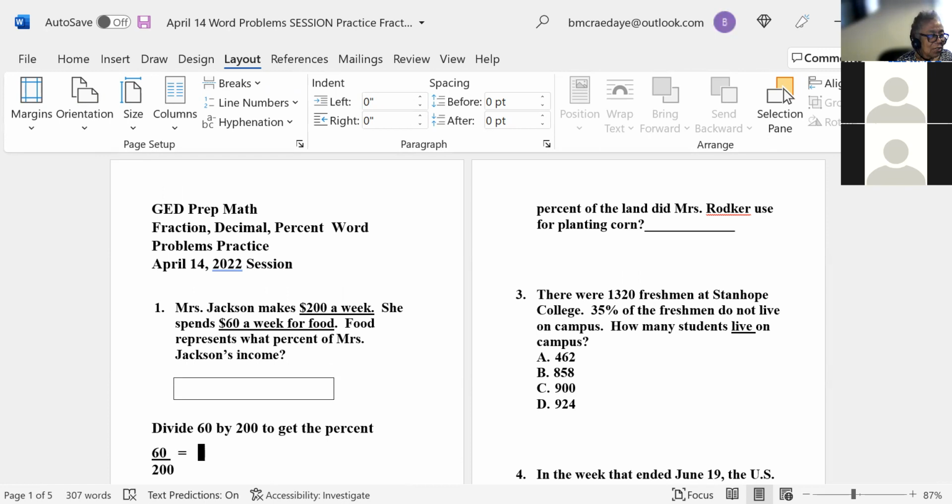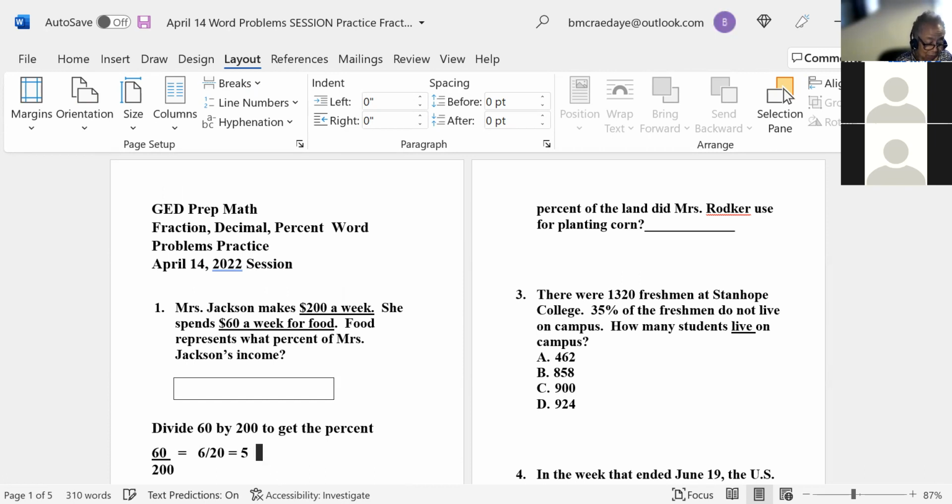So you cross out your zeros and you got 6 over 20, right? Yes. No, the percent is a ratio of something to 100, right? So to get 100, you've got to multiply 5 times 20.